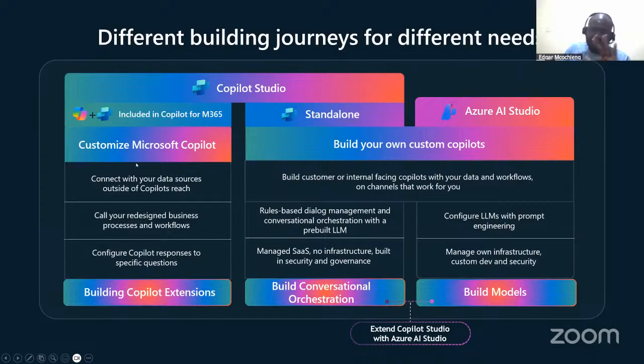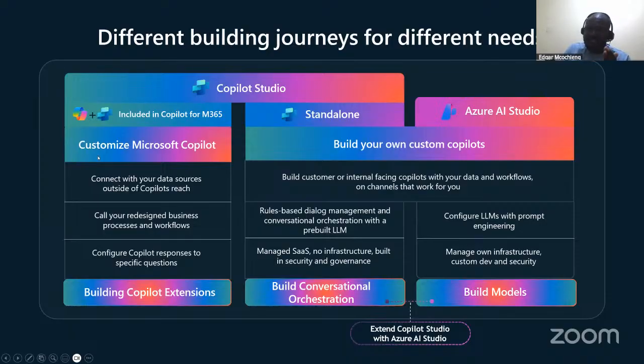So we have three ways: M365, Copilot Studio as a standalone for building agents, and Azure AI Foundry for building agents. It starts from simple to complex.